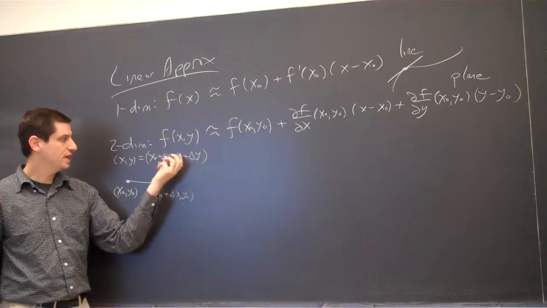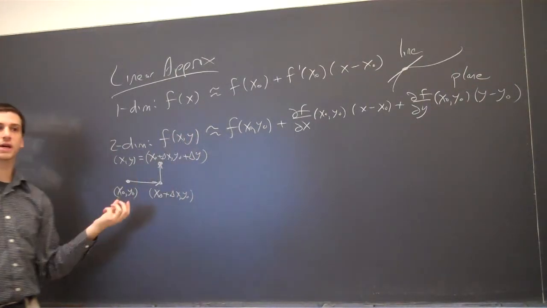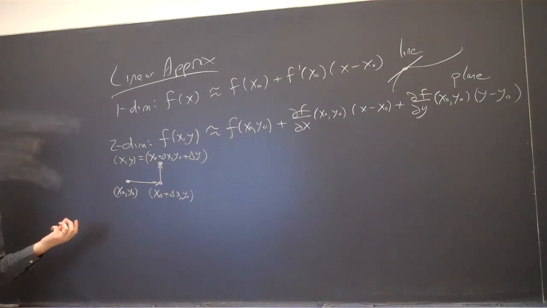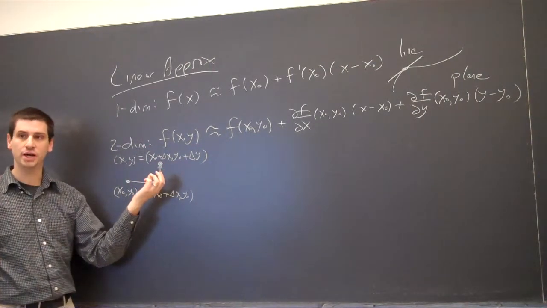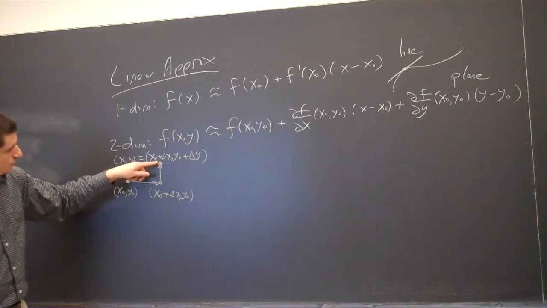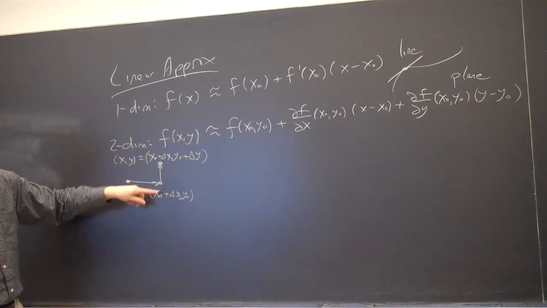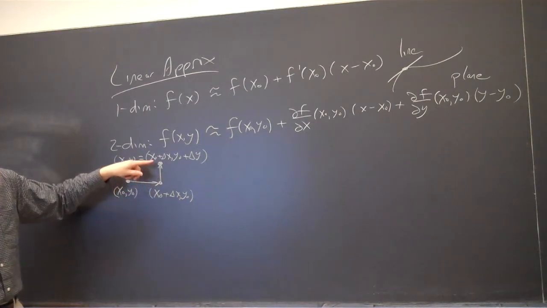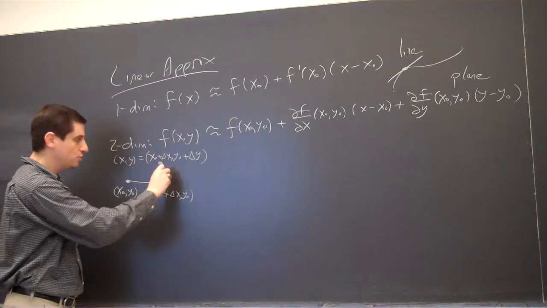And the idea is if delta x and delta y are small, if I haven't moved that much, the tangent plane should be a really good approximation to the function, just like the tangent line was a really good approximation to the function. One way to derive this is to basically do the tangent line multiple times. If I go from here back to here, which variable is changing, which variable is not changing? Yes? Y is changing and X is not. So using the tangent line from here to here, let's go backwards.